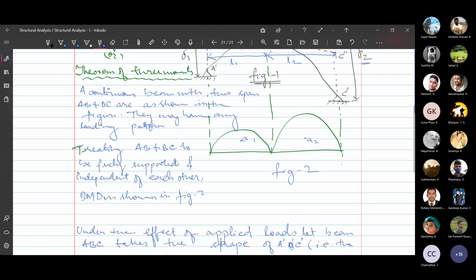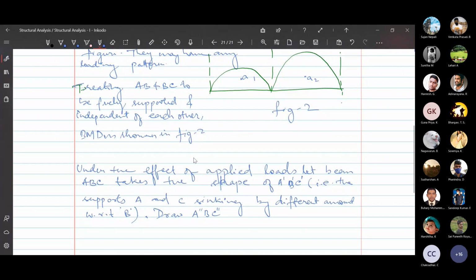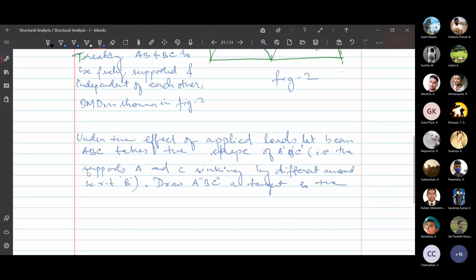Since this is a curve, I'm drawing a tangent to this curve. So I'm writing, draw A double dash B C double dash, that is a tangent to the elastic curve at B.